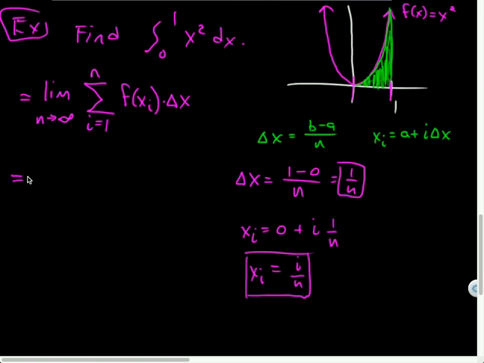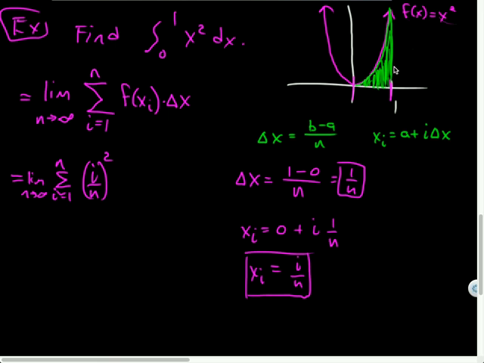So this is going to be the limit as n goes to infinity of the sum of i equals 1 to n of i over n, squared, right? f of x sub i.